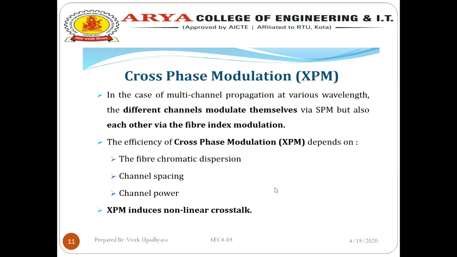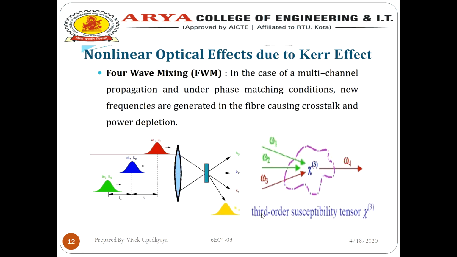The different channels modulate themselves via the SPM, but also each other via the fiber index modulation. The efficiency of the cross phase modulation, that is XPM, depends on the fiber chromatic dispersion, the channel spacing, and the channel power. So XPM induces a nonlinear crosstalk in the channel.